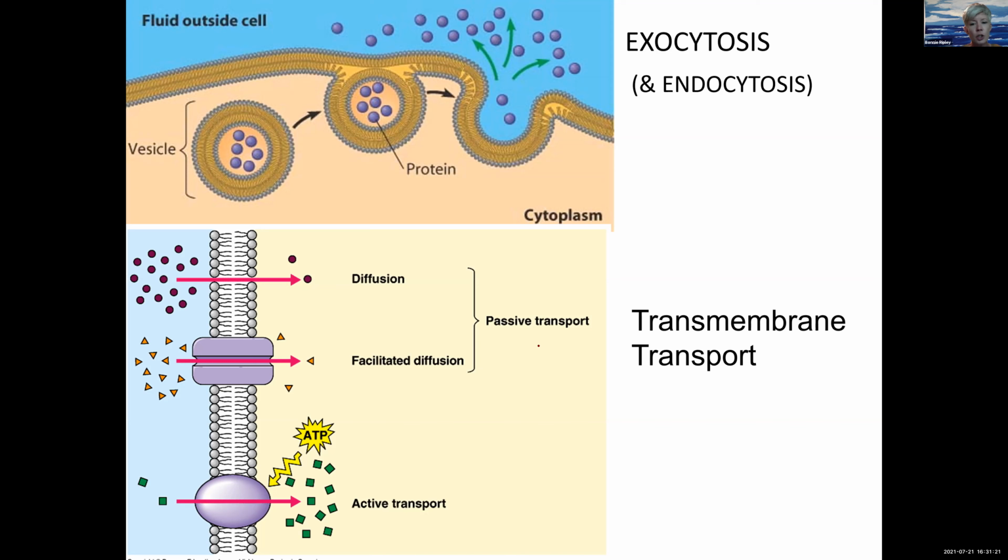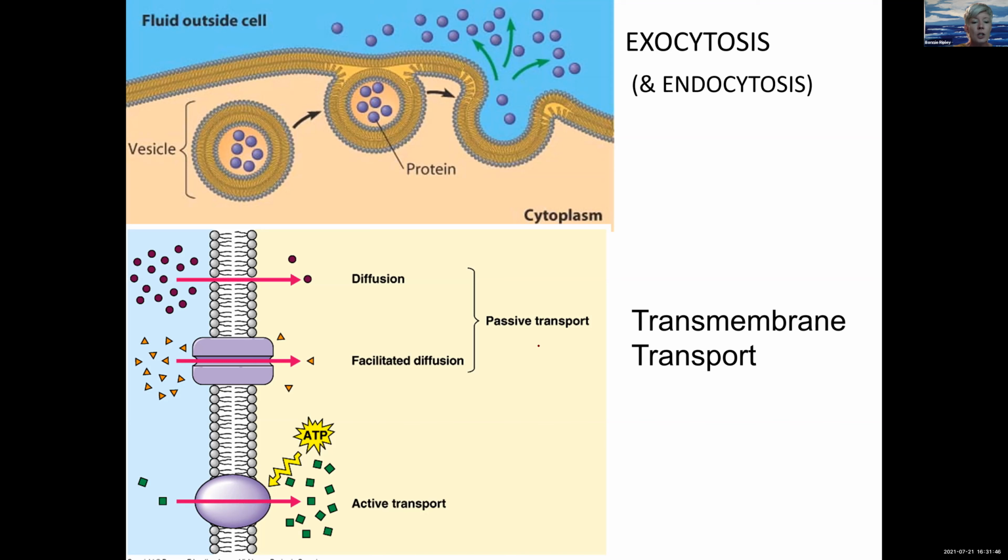So if there's this little tube that's special to this particular molecule, then it's going to be a lot easier for it to move through the cell membrane. But it's still going to go down its concentration gradient, right? So this little tube isn't pumping or moving those molecules back and forth. It's just letting them go down their concentration gradient faster and more easily.